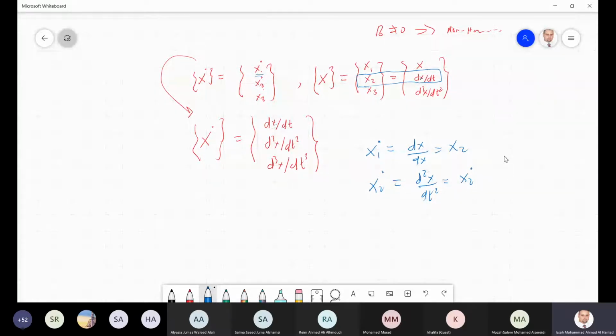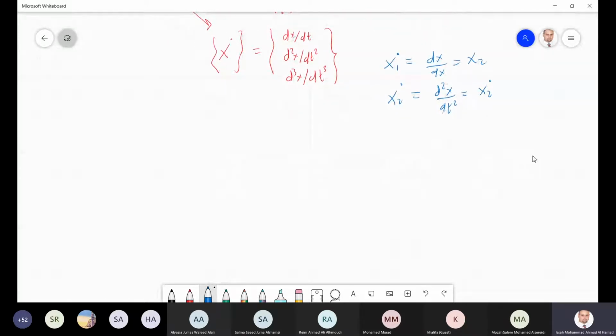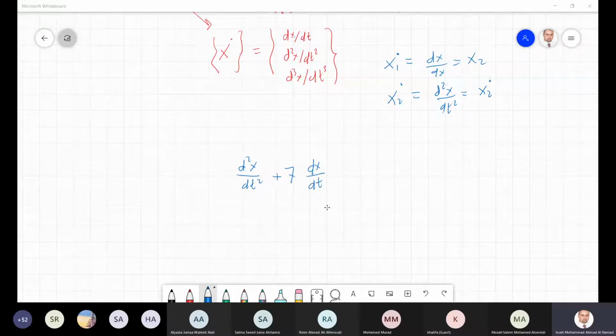So if you have, for example, a differential equation in this form, let's take an example. d square x over dt square plus 7 dx over dt plus 10x equals 20.